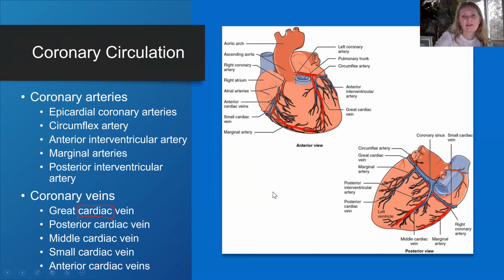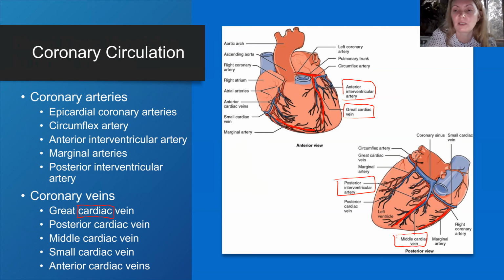And right there, where we have the anterior interventricular artery, we have the great cardiac vein. Where we have the posterior interventricular artery, right there, we have the middle cardiac vein. So we have great cardiac vein, middle cardiac vein. Then where you have the marginal artery, you have small cardiac veins.